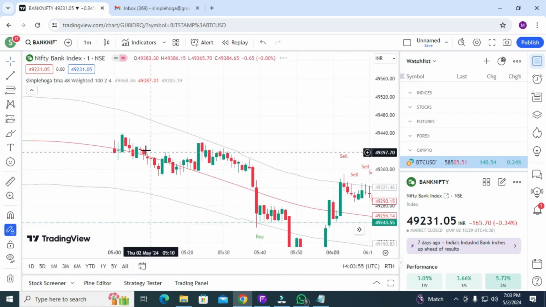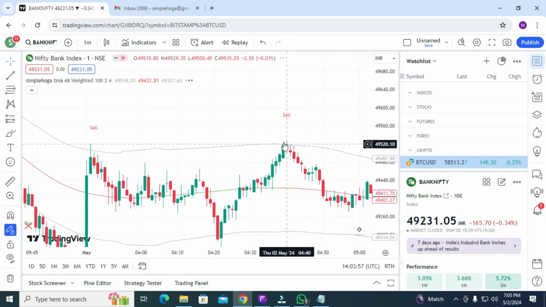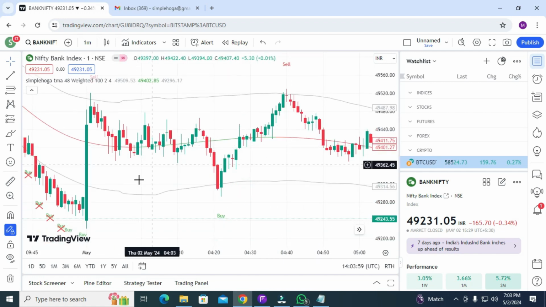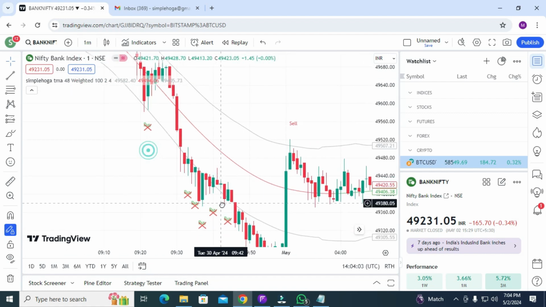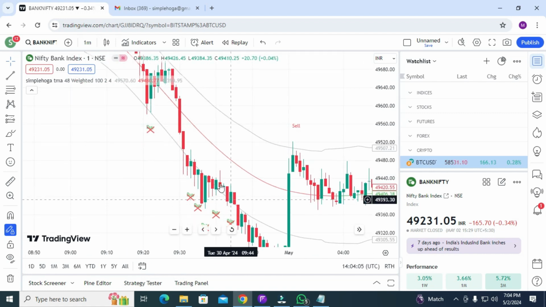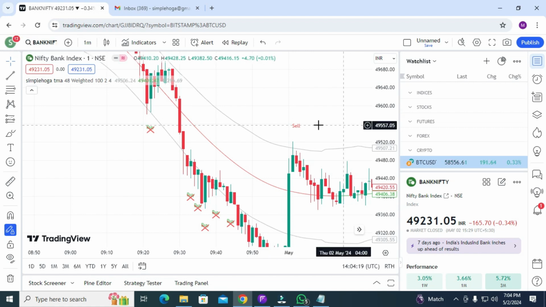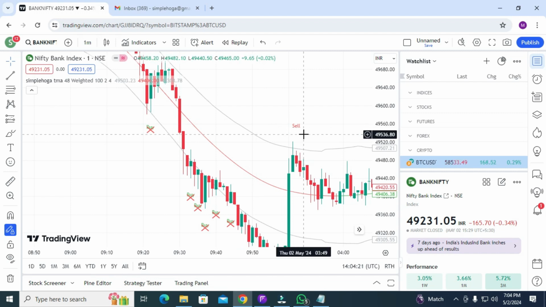Okay, and let's see some more signals. Here you can see the cross, which means you do not need to go for the trade. This indicator is special. It will work on all pairs, but I especially designed this indicator for Bank Nifty and BTC, and some stocks it will work.